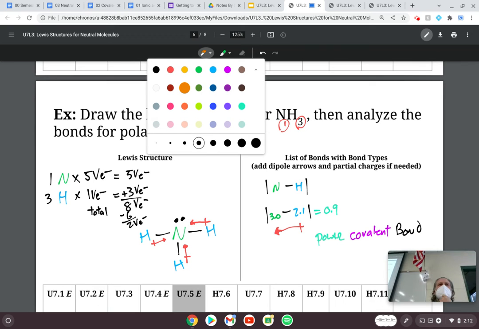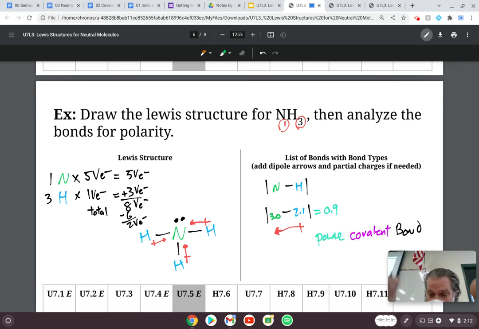Now, the next thing we have to do is add our partial charges. And remember back from this, it feels like forever ago, delta negative meant electrons toward, and delta positive meant electrons away.